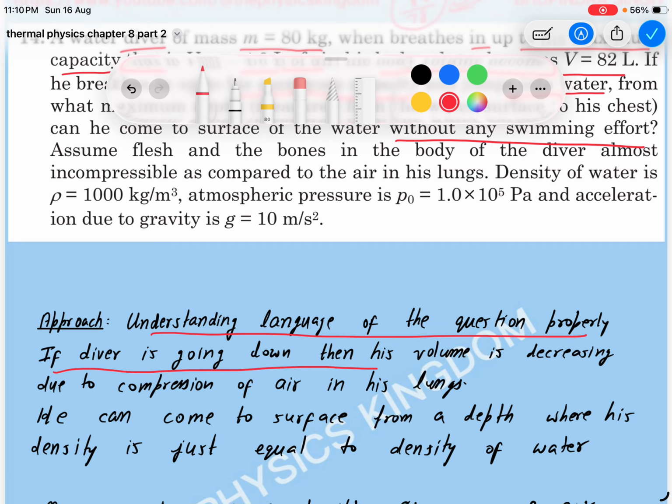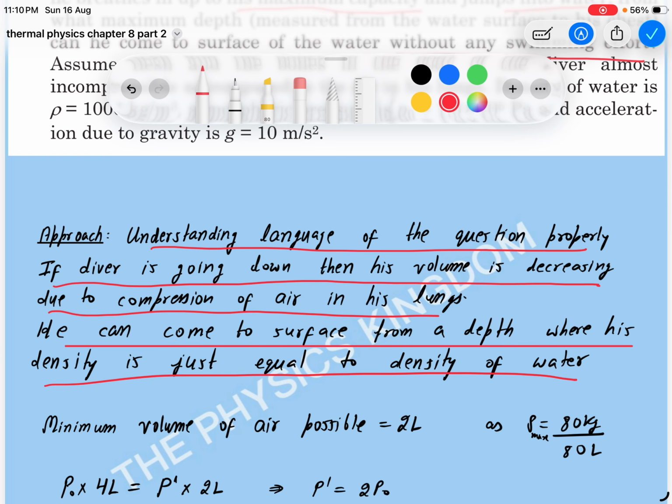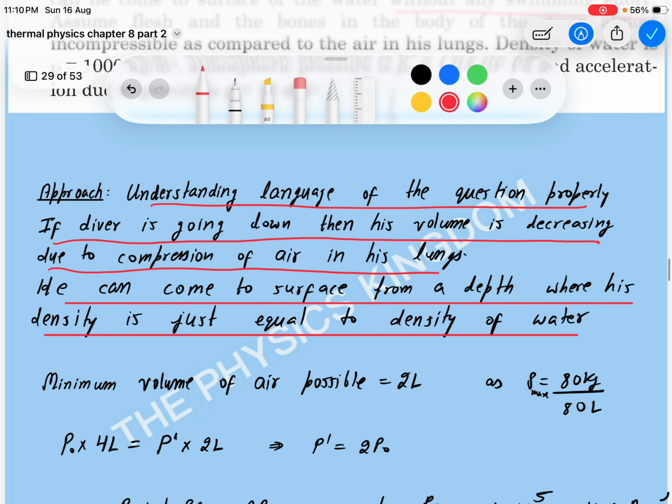If the diver is going down, then his volume is decreasing due to compression of air in his lungs. He can come to the surface from a depth where his density is just equal to the density of water, right? So density means this overall density. So the minimum volume of air possible is 2 liter, because the total volume of air is 4 liter.